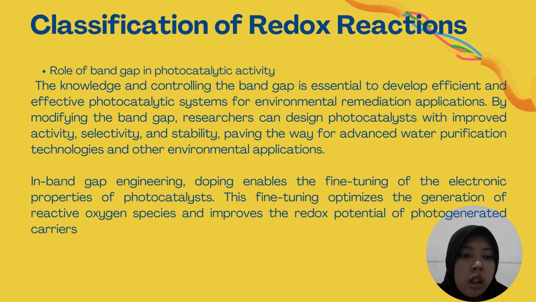For example, doping titanium oxide with elements like gold and ruthenium has modified its band gap, enhancing its photocatalytic activity under UV and visible light. A reduced band gap not only increases the absorption of visible light but also decreases the recombination rate of electron-hole pairs, thus enhancing the overall photocatalytic efficiency.